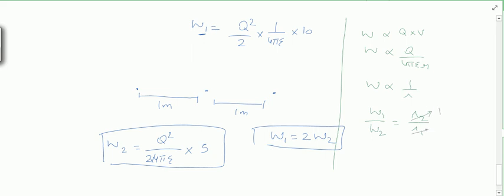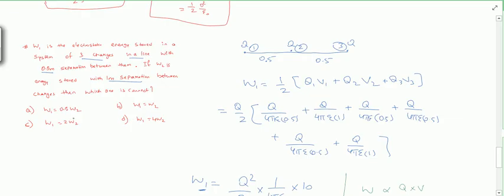As R2 is 1 and R1 was 0.5, you can again find directly that W1 equals twice of W2, which I have found earlier. So from the given options, which option will be correct? C option, that is W1 equals 2 W2, will be the correct option.